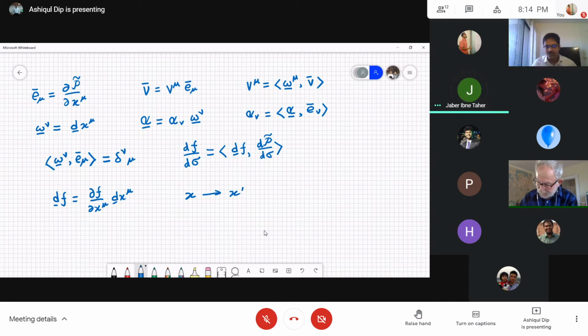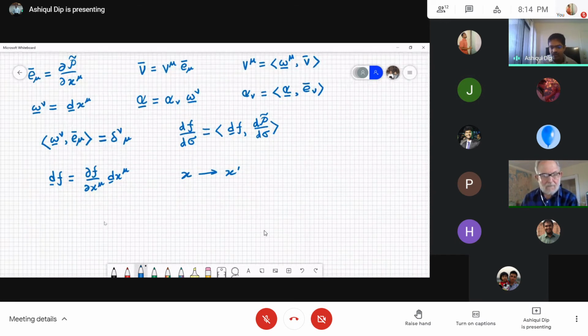So if we want to write down the transformation relation, we should write like this: x, say 1 prime. Actually, if we use lower indices, then we would write x1 prime like this.